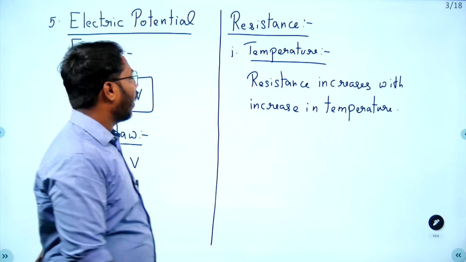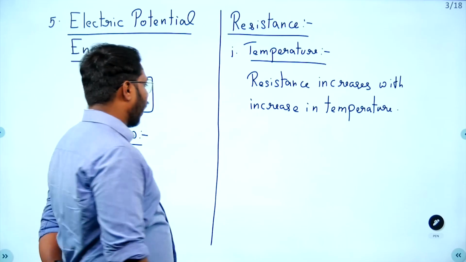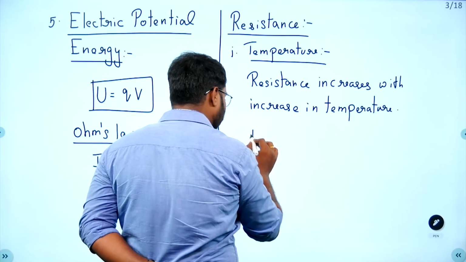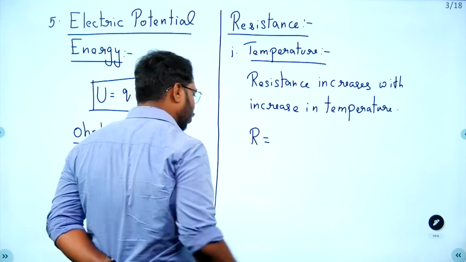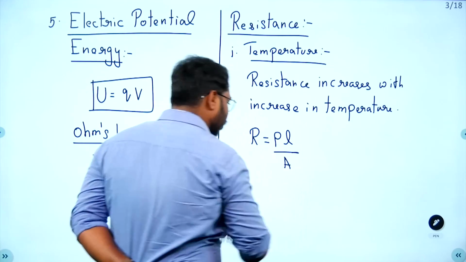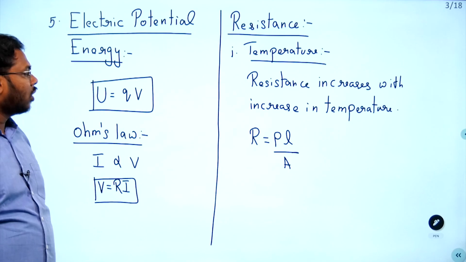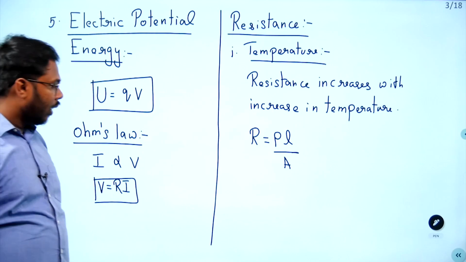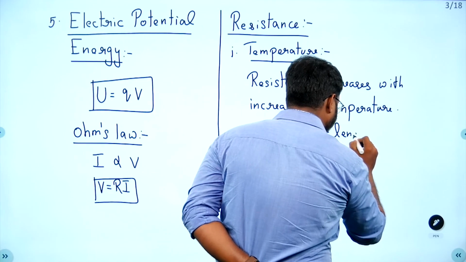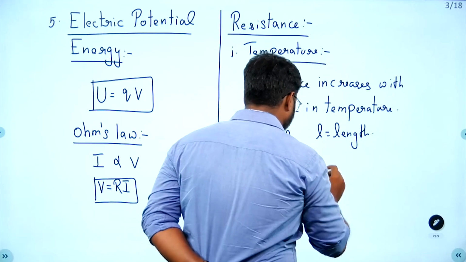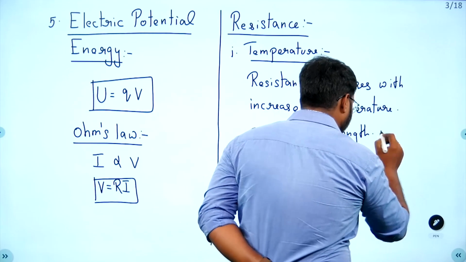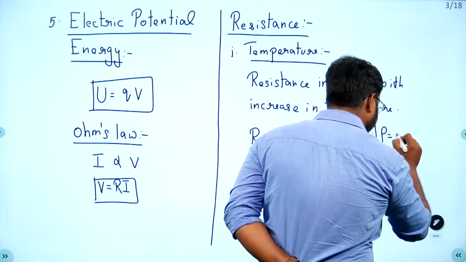Okay, we know this very well, and the equation that I use to represent the resistance generally is capital R is equal to rho into L by A. So this is the equation with which I usually represent the resistance, where L is the length and A is the area and rho is the resistivity.